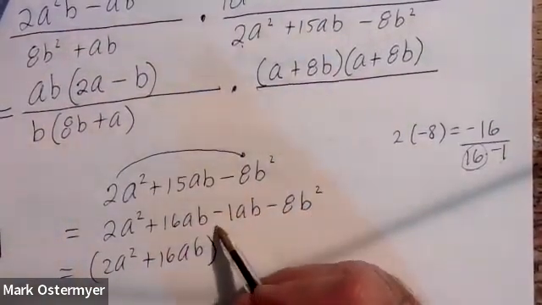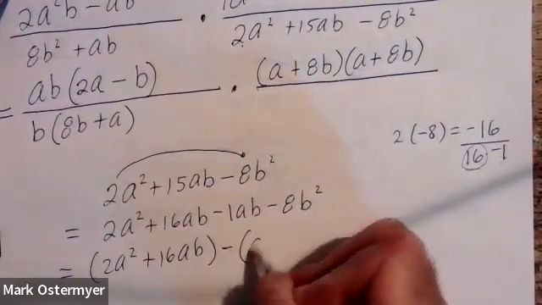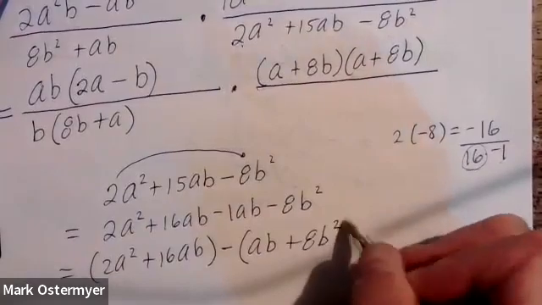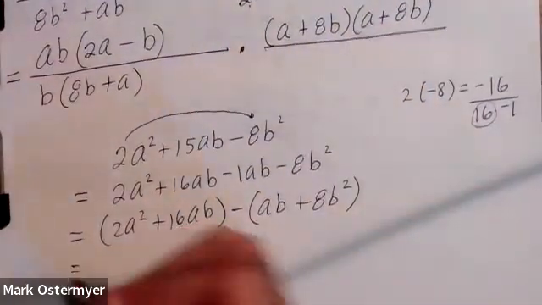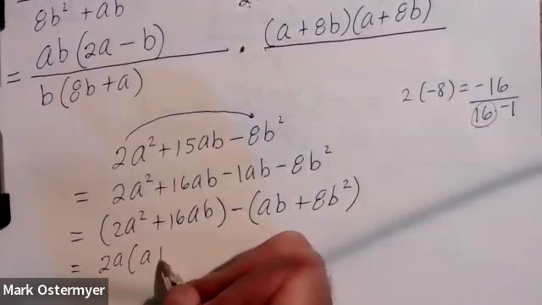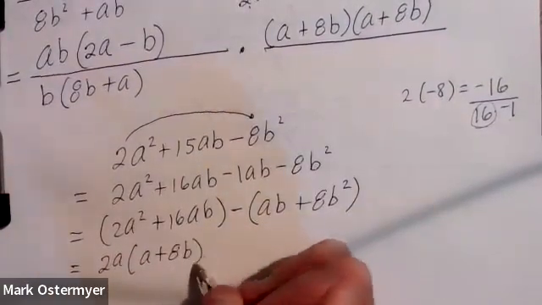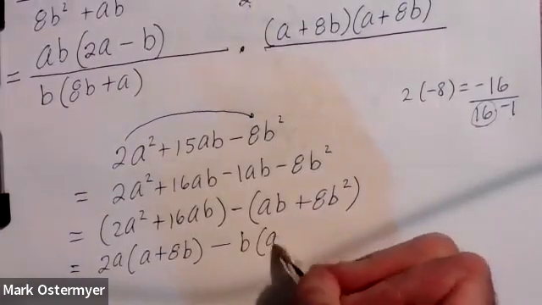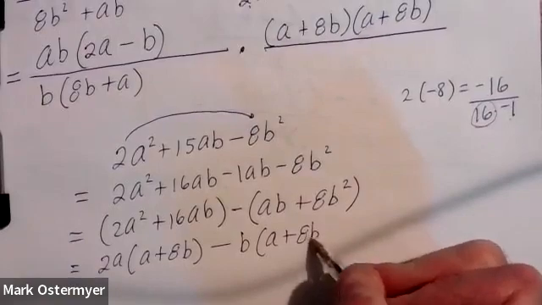There's a minus sign that precedes the 3rd term, so I leave it outside the parentheses, which means I have to change the sign of my last term to avoid a sign mistake. Out of the first 2 terms, I can factor out a 2 and an a, and I would leave behind a plus 8b. Last 2 terms, I can factor out a b, leaving behind a plus 8b.